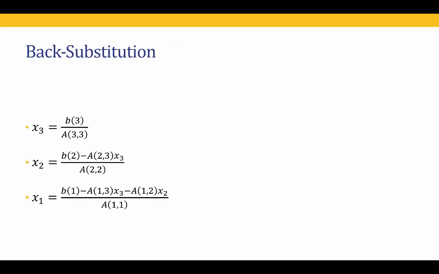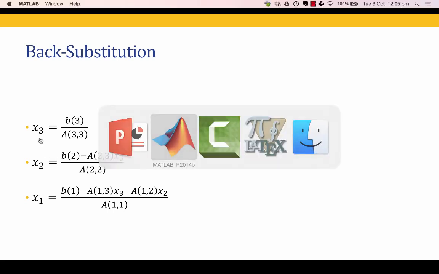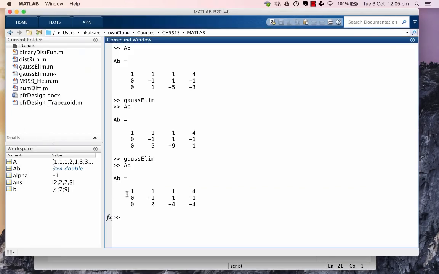Now with respect to back substitution, what we do is, if we go back to MATLAB and check this, our last equation is minus 4x3 equal to minus 4. So x3 is just going to be this guy divided by this guy. Okay, so our x3 is going to be equal to 1.